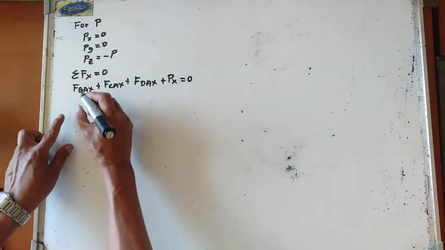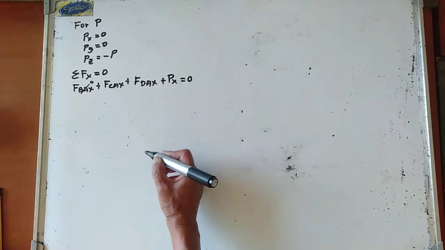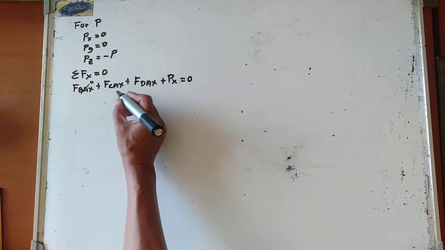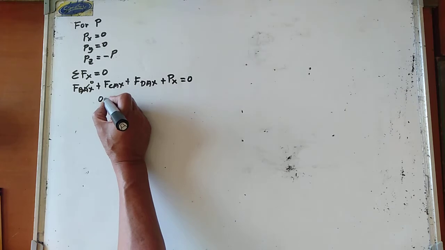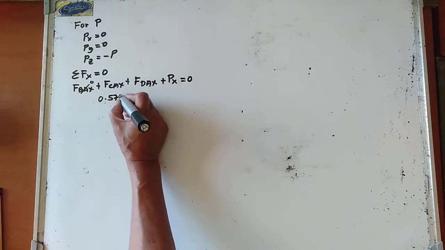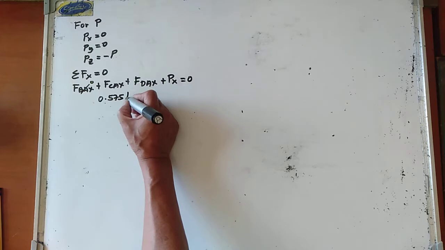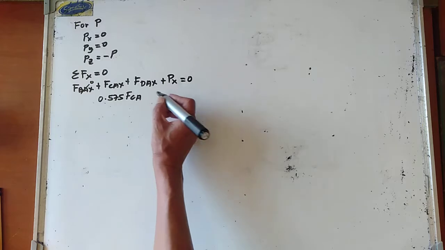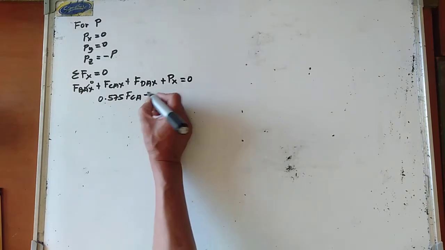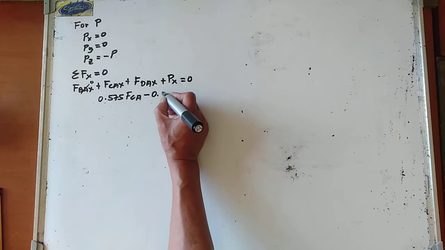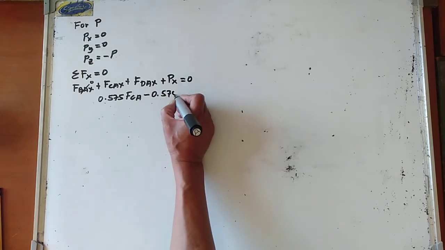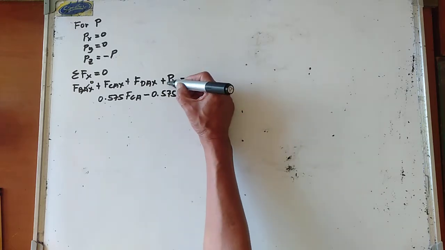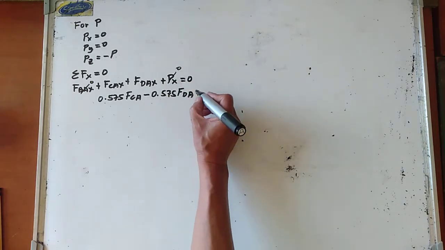FBAx is equal to 0. Then FCAx is 0.575 FCA, FDAx is negative 0.575 FDA, and your Px is equal to 0.